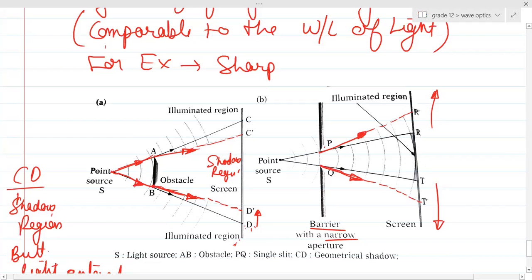I'll explain the diffraction phenomenon using Huygens wave principle. Don't worry. I'll show you a video, it will be easier to understand.